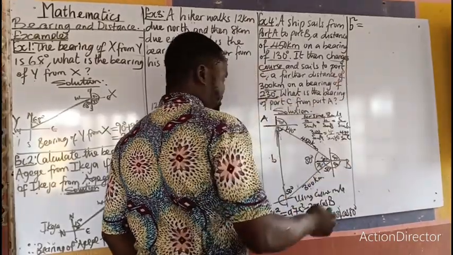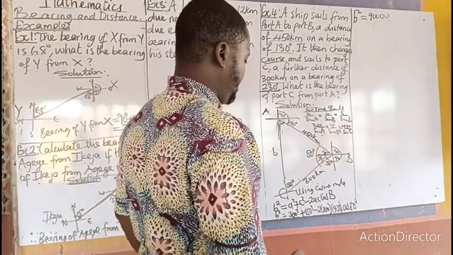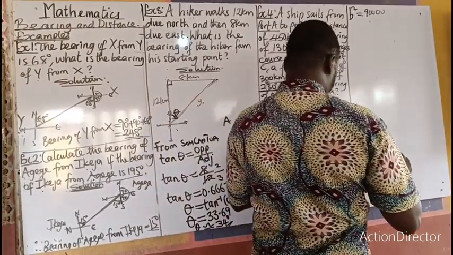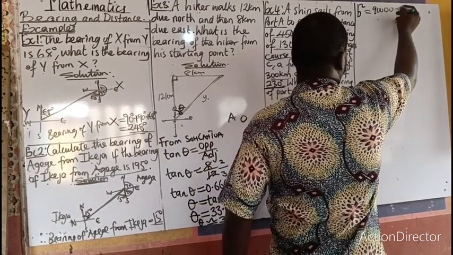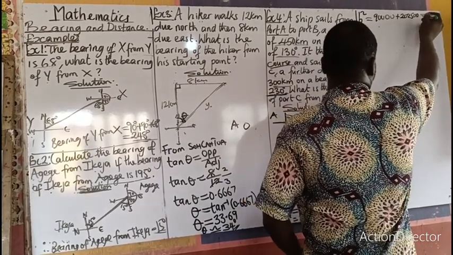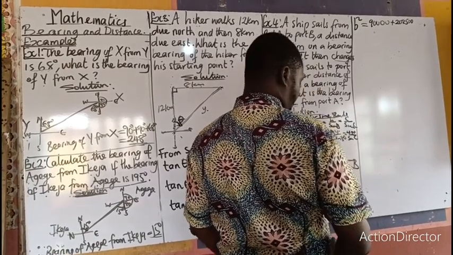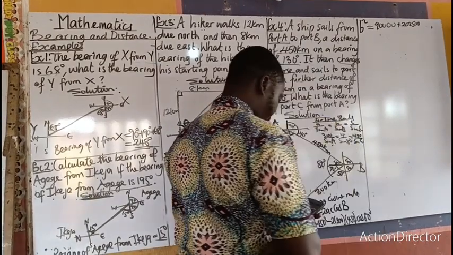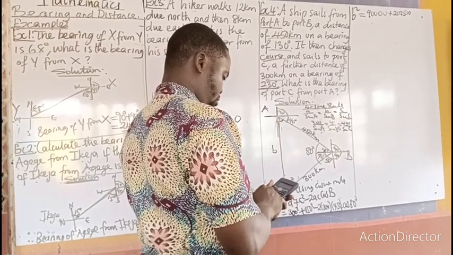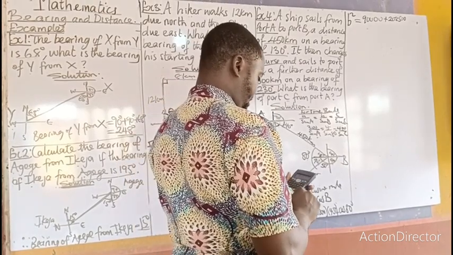b square will equal 300 square, we have 90,000, plus 450 square, we have 202,500. Minus 2 times 300, that's 600, times 450, that gives us 270,000.